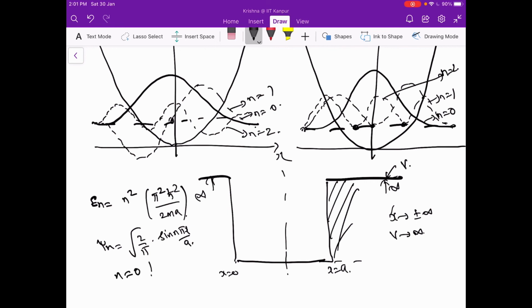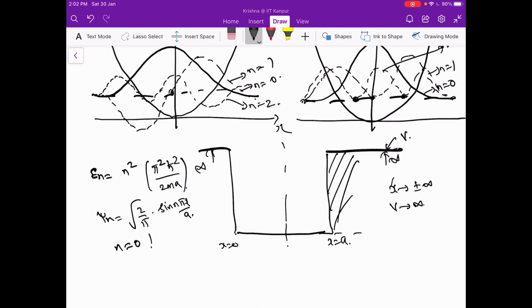For a square potential, if n is equal to 0, all you get is the trivial psi equal to 0, in the sense that there is no particle anywhere. Well, the same is not the case for the harmonic oscillator, at n equal to 0, you do not have psi equal to 0, right? You have some solution.